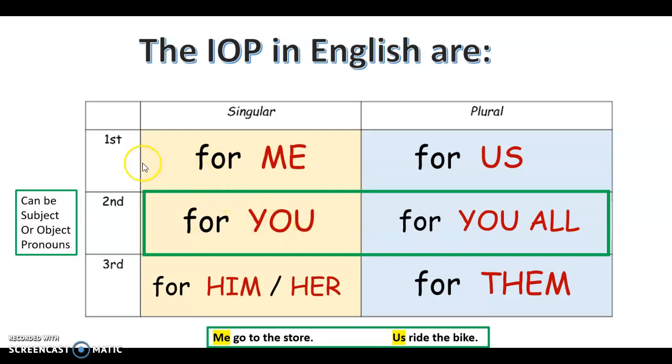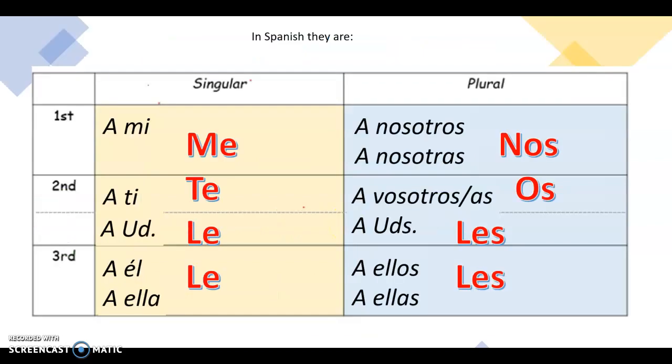For example, you would never say me go to the store or us ride the bike, but you could say you go to the store or you all ride the bike. So these two in the second person can be either subject or object pronouns. Just keep that in mind.